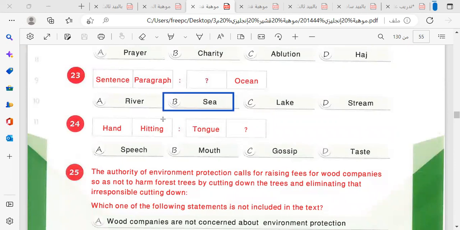It is B, so the word is C, but yeah, the answer is B, right? Okay, 24, hand hidden, then it is kasab. It's C, right?